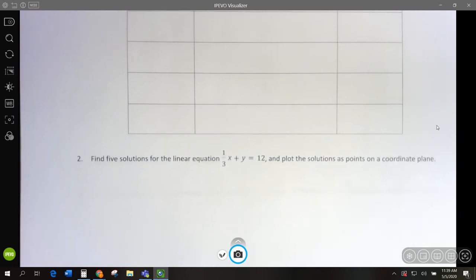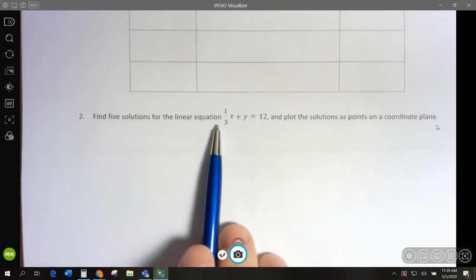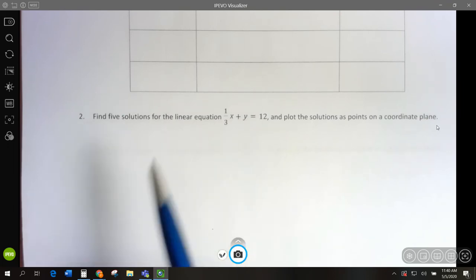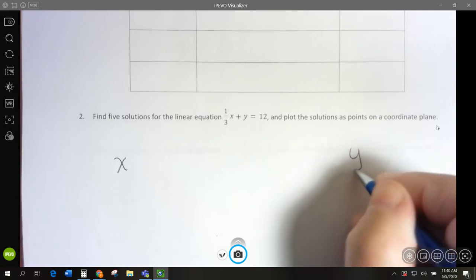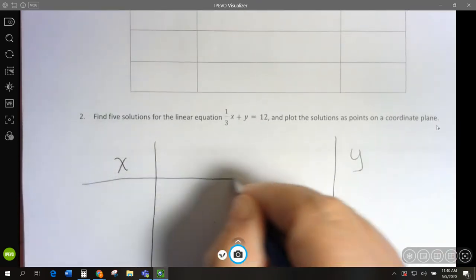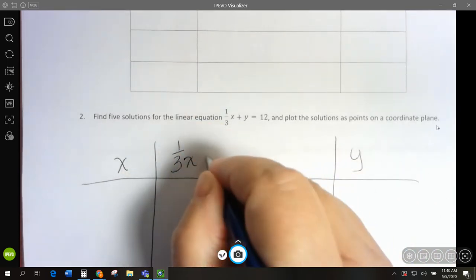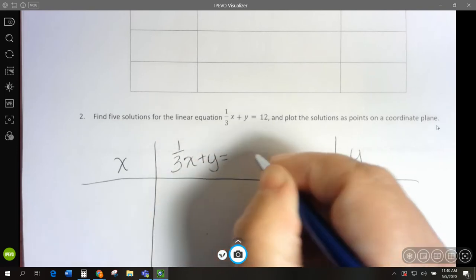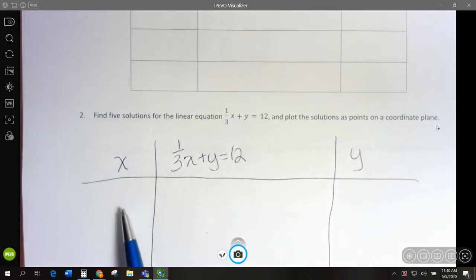Number 2, they don't give us the chart, so we're going to have to make it. So we have the equation 1/3 x plus y equals 12. So we're going to have our x's and our y's. Do we want to pick our x's or our y's?